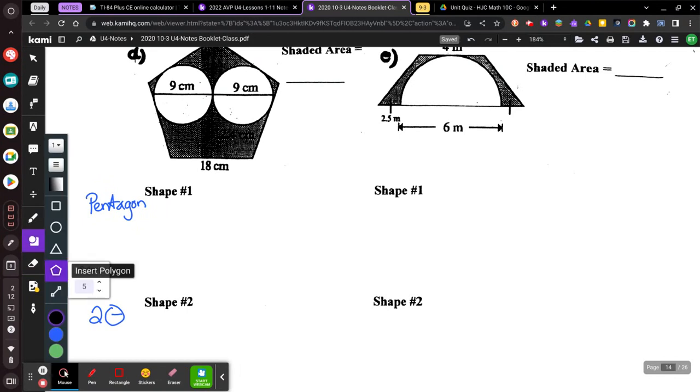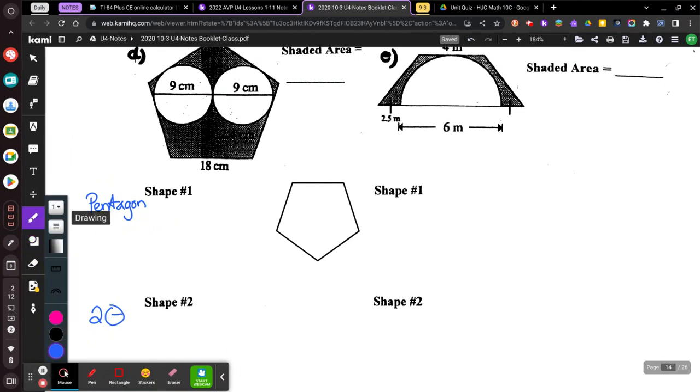Yeah, it does. Perfect. So if I pull a pentagon out, on that pentagon, each one of these can be created and drawn like spokes of a tire to create triangles. The same thing happens if it's 6 sides, 7 sides, 8 sides.